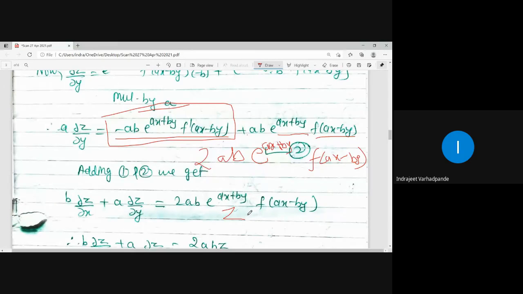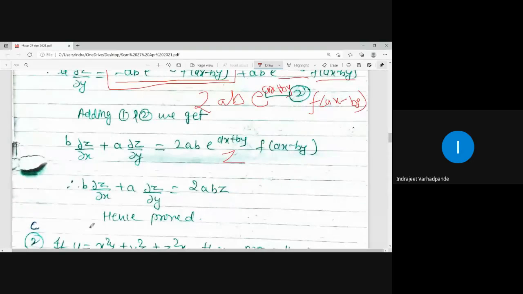So this is the very first example. b into del z by del x plus a into del z by del y is equal to 2ab into the original question, that is z. Completed? Yes, sir. So this is your answer, that is hence proved, right?